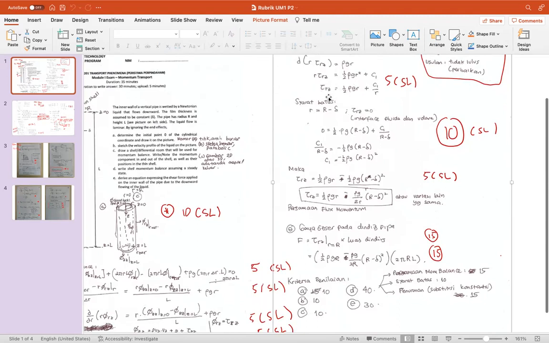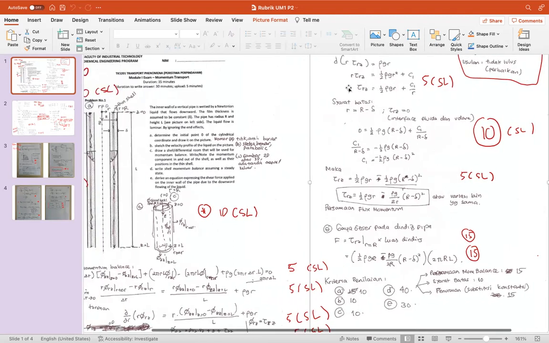So we know that the boundary condition related to the flux, the momentum flux, is when on the border here, or when r equals delta, the tau is equal to 0, which is the interface of the fluid and the air. Okay, interface fluid dan udara.